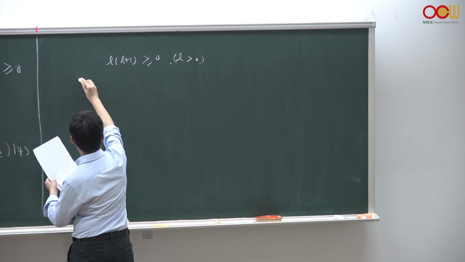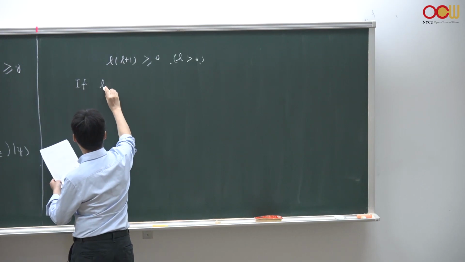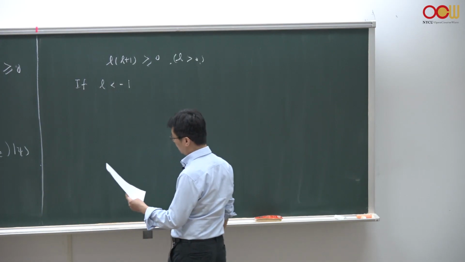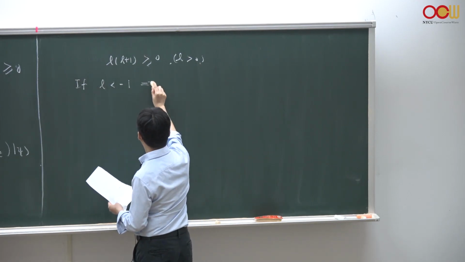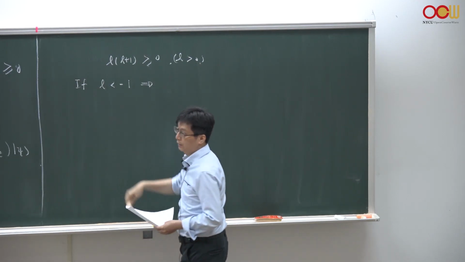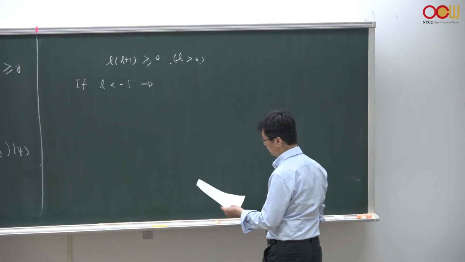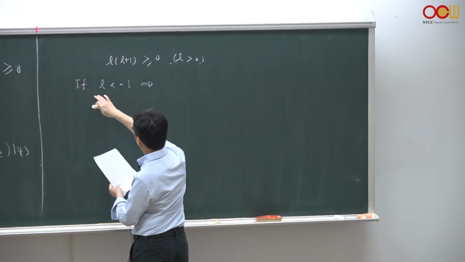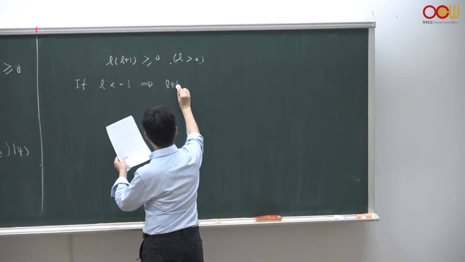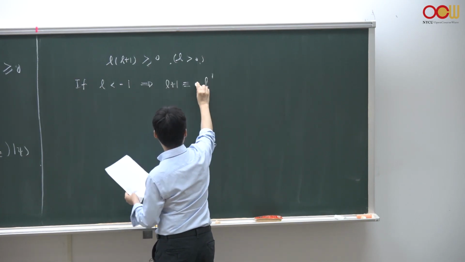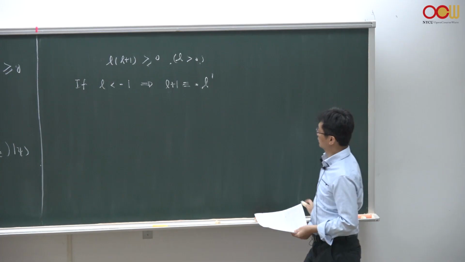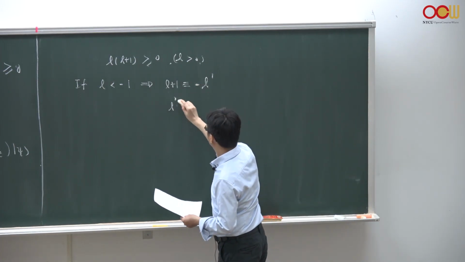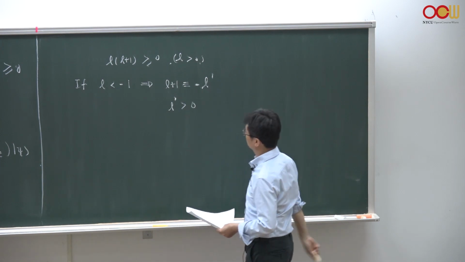So suppose l is actually less than -1, a negative value. In that case, we can redefine this l by shifting it from the negative value to a positive value. So we can define an l prime which is minus (l+1), and l prime is actually positive.